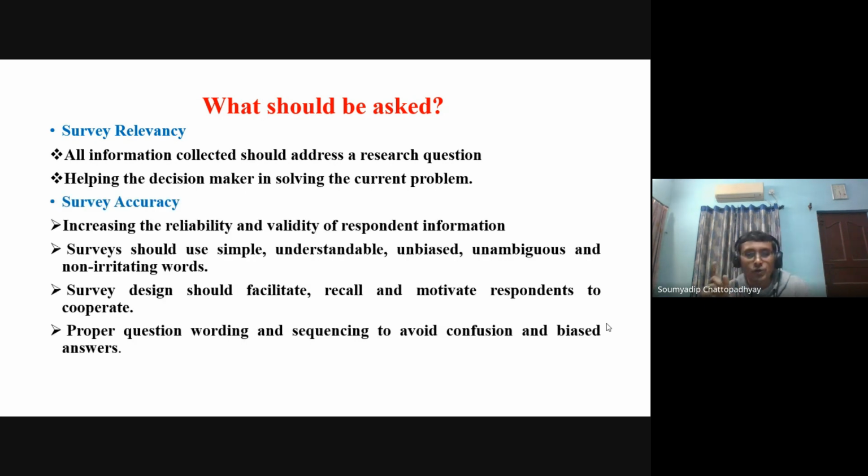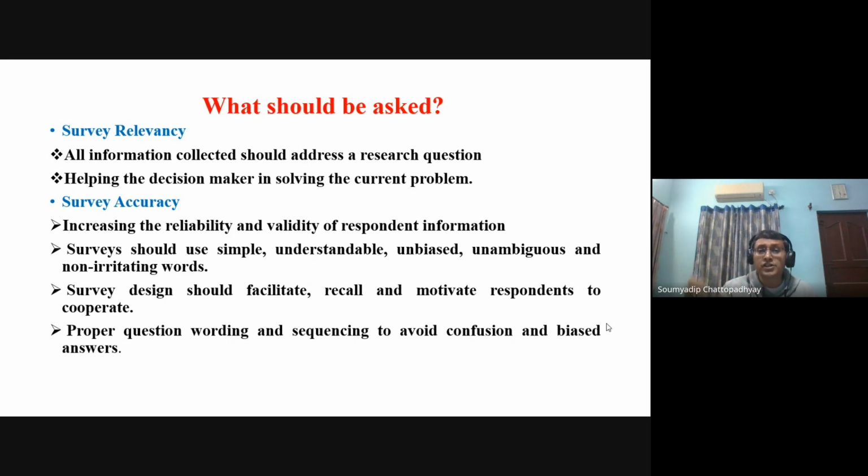Second, survey accuracy. It will increase the reliability and validity of the respondent information. In many cases, surveys use simple, understandable, unbiased, unambiguous, non-irritating words. All these are very important both for questionnaire design as well as for our coding purpose. As a researcher, we should be careful about using only unbiased, unambiguous, understandable, simple words.